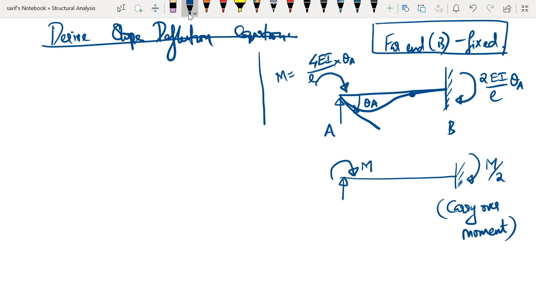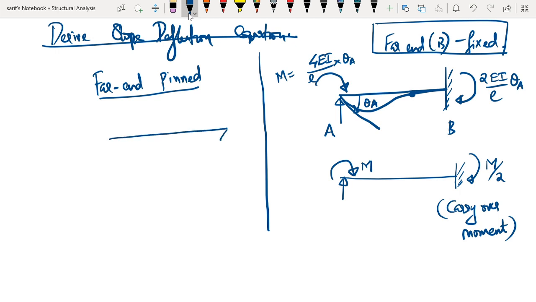The next case I would like to discuss is the case of a far end pinned. This is the next case. So imagine we have a beam with its far end pinned. B is the far end, that is the end where you are not applying the moment.